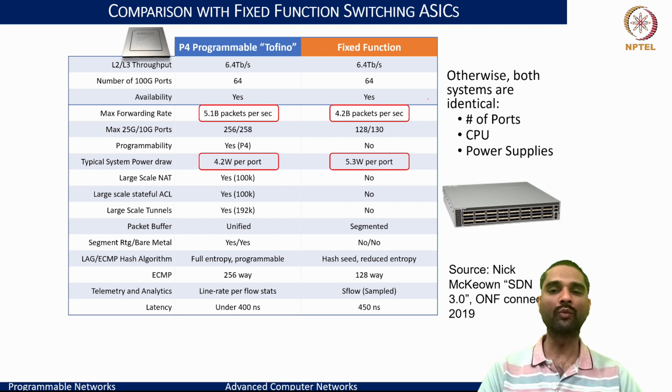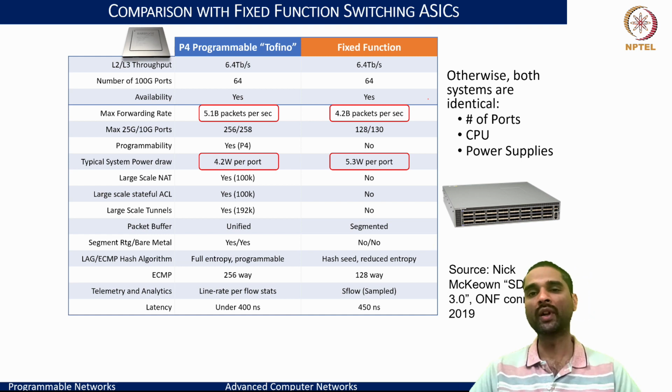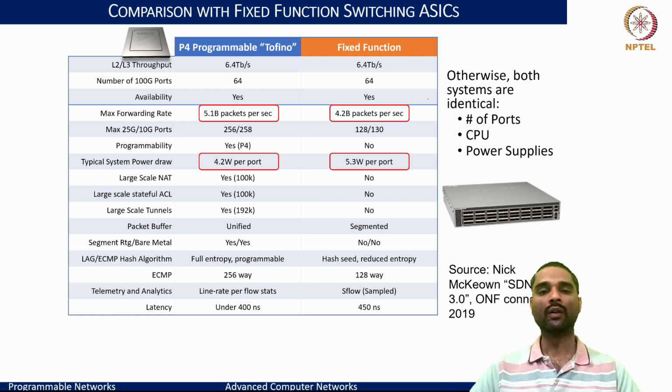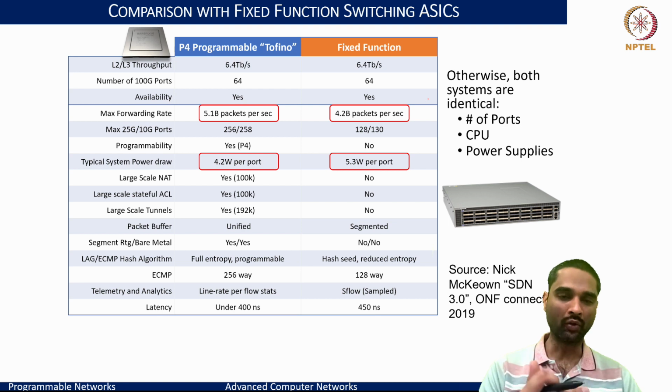And when we see the power that these devices take, again we can see that the typical system power drawn, 4.2 watts per port, seems to be much more reasonable than the fixed function switching chips with 5.3 watts per port. That means we are good on power, we are good on the performance.